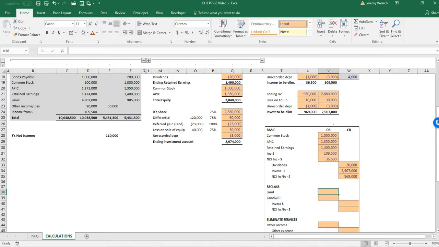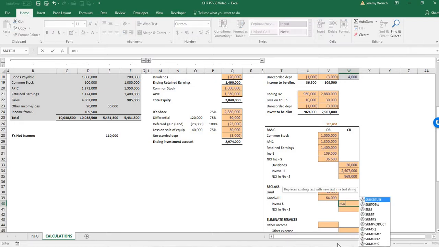So that land was given to us with a value of 56,000. Goodwill was given to us with a value of 64,000. And so now we just want to split that between our investment account and the non-controlling interest.